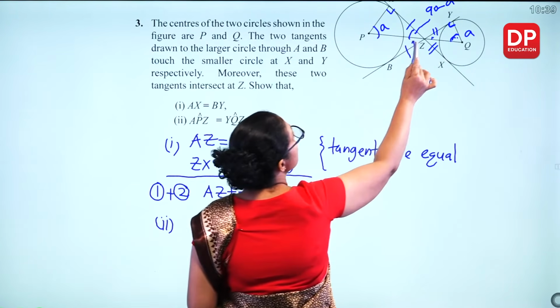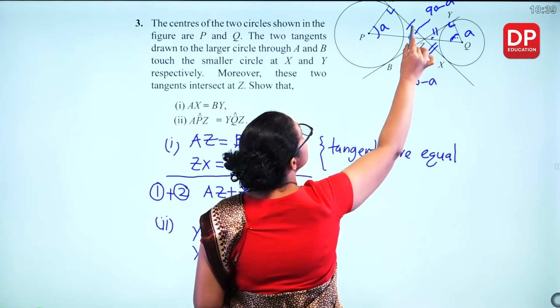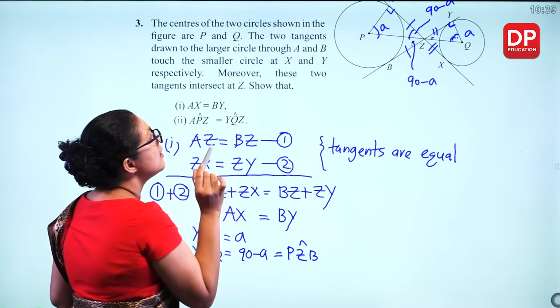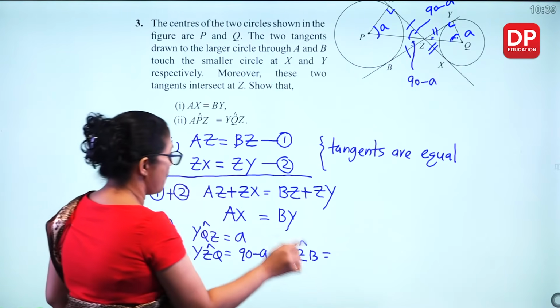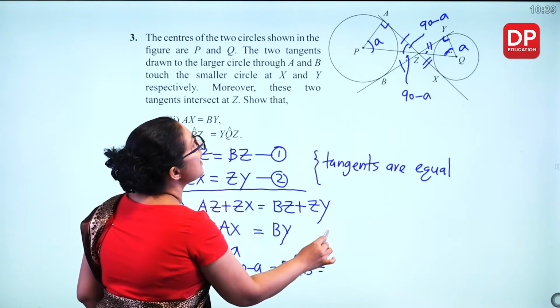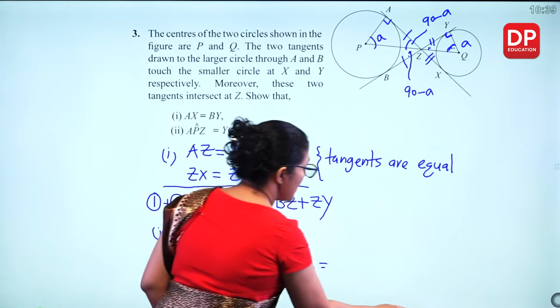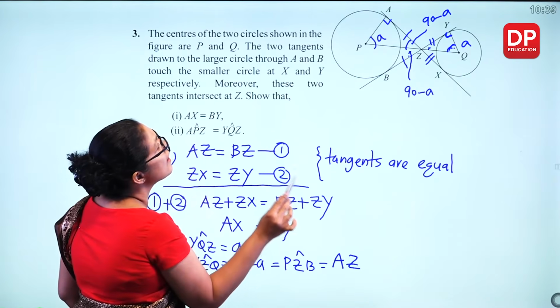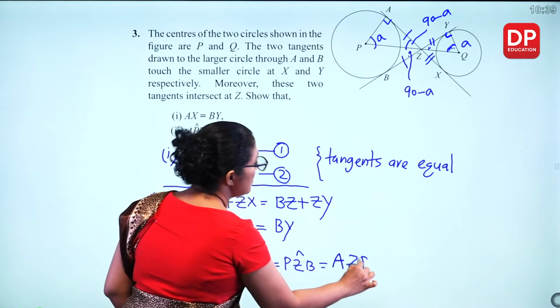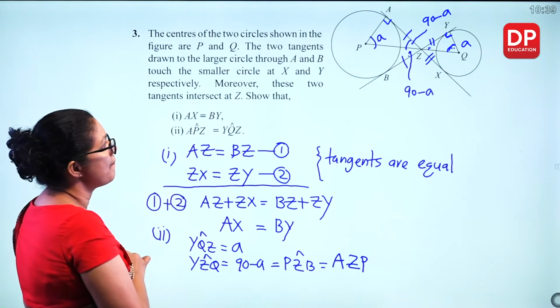That's 90 minus A, these two. And these two are equal. So therefore, what's the other point? Angle ACP is also 90 minus A.